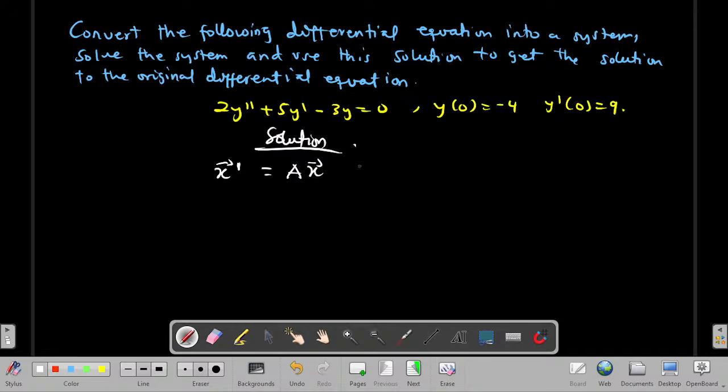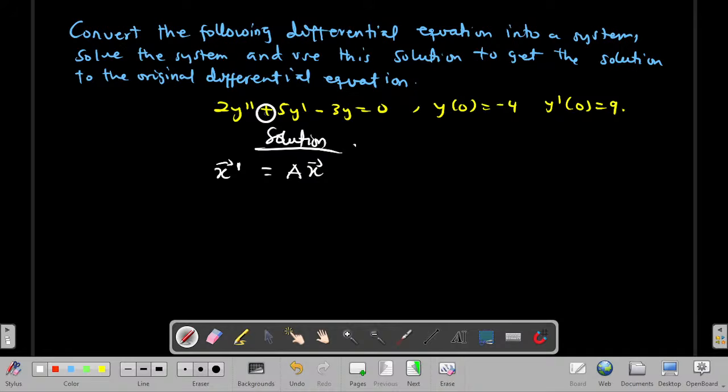Okay. So now, for us to get this form, we always use variables to represent. So right now, the y prime prime, the y prime, and the y that we have, we need to get rid of all of them and make them in terms of x. So we have x1, x2, x3, depending on the order of our differential equation. So here we have order two.